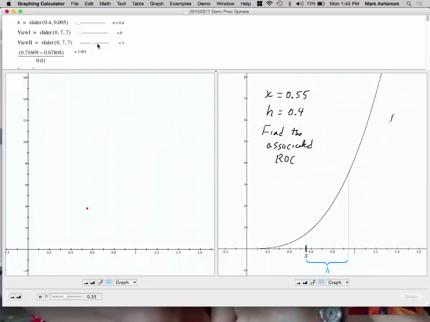Oh, you can't really do that, can you? So what do you need? You need some information. At 0.55, it's 0.6. Can you read that on the screen?